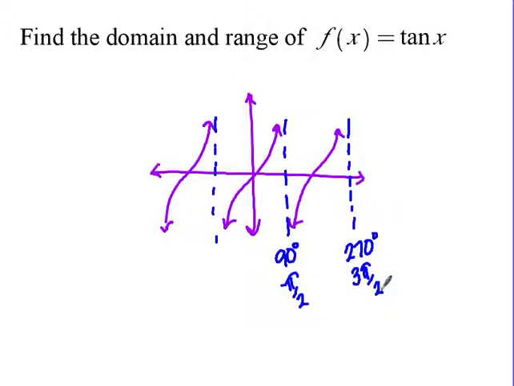Now if you remember, that's why that chart's handy, because it tells you where that's undefined. And remember that's where your asymptotes occur. So in looking at this, your asymptotes are going to occur at a difference of 180 degrees. So our next one would be at 450, and that's how you keep going.